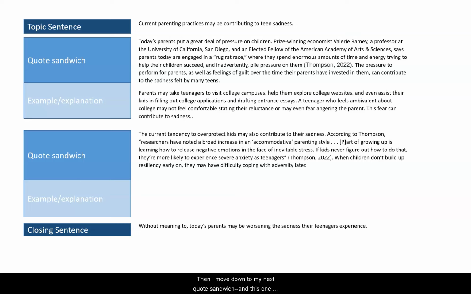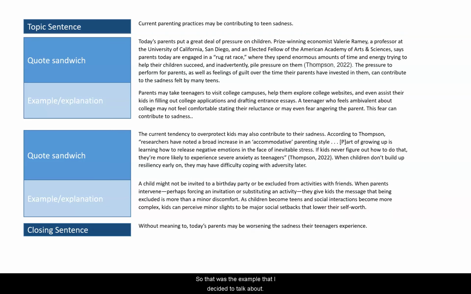Then I move down to my next quote sandwich, and this one talks about overprotecting kids. So once again, I tried to say to myself, well, what's a way that parents try to overprotect kids? And I think there are lots of ways, but I was thinking about how they don't want their kids' feelings to get hurt. So sometimes they overcompensate.